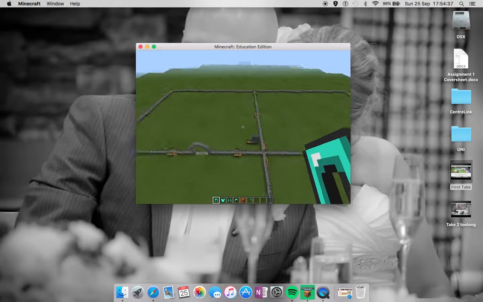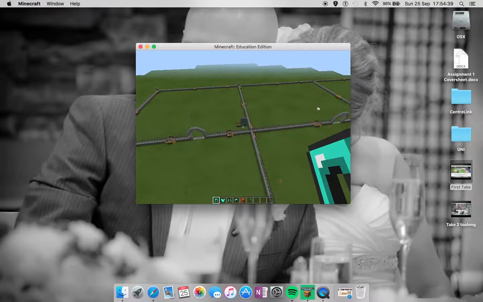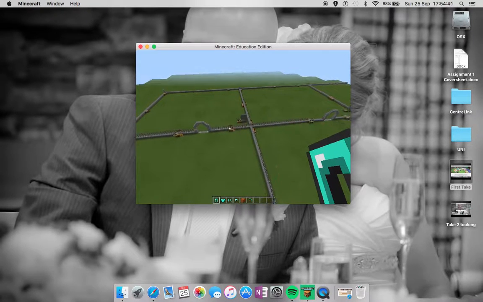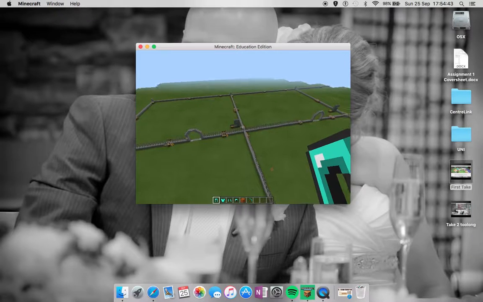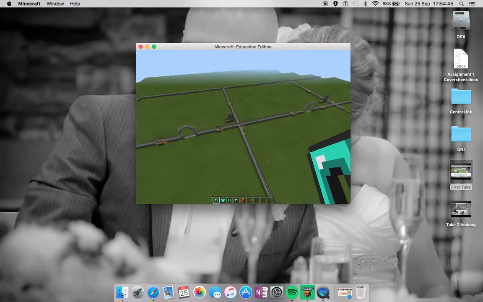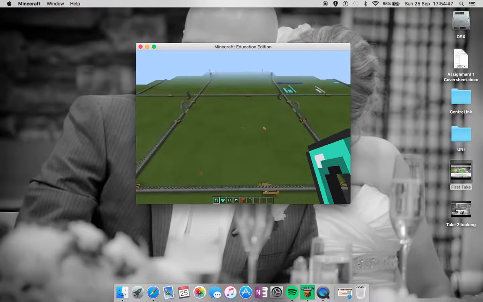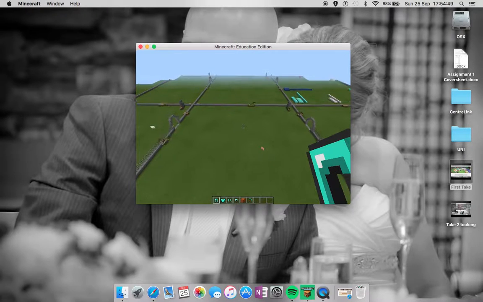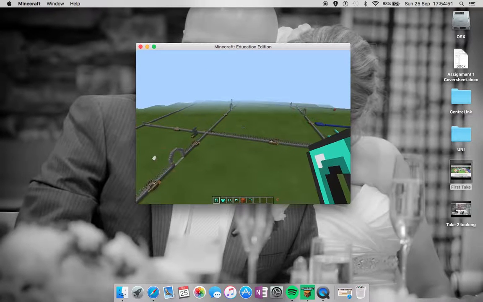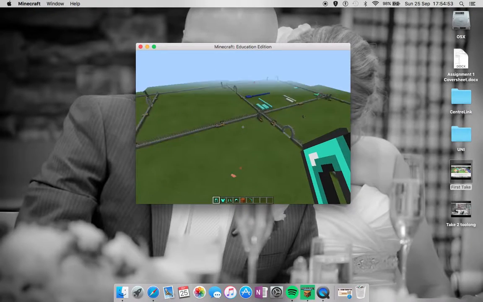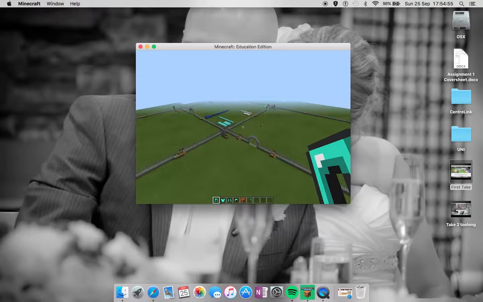If I fly back a little bit, you can see that each one has their number, so you can show the students where they would go. Without going into too much detail, that's the basics of this lesson.